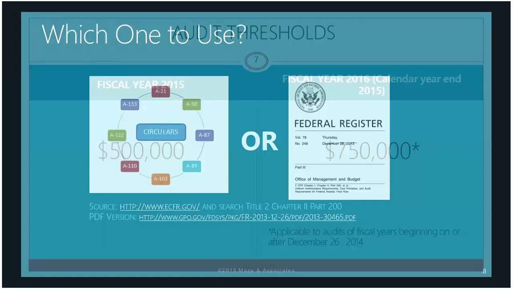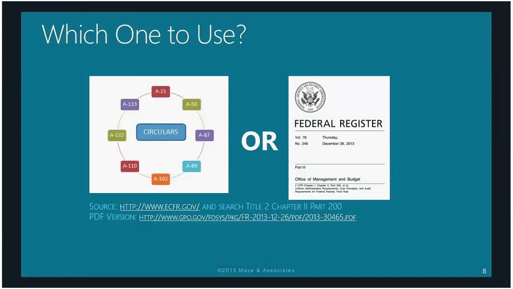So here on slide 8, I have two pictures, one of the old OMB. OMB, if I did not mention earlier, is the Office of Management and Budget, which consists of 8 circulars. These circulars are the driving force of how to proceed with the compliance audit. And the second image is a cover shot of the new uniform guidance, or here it's also mentioned as the Federal Register or the CFR.